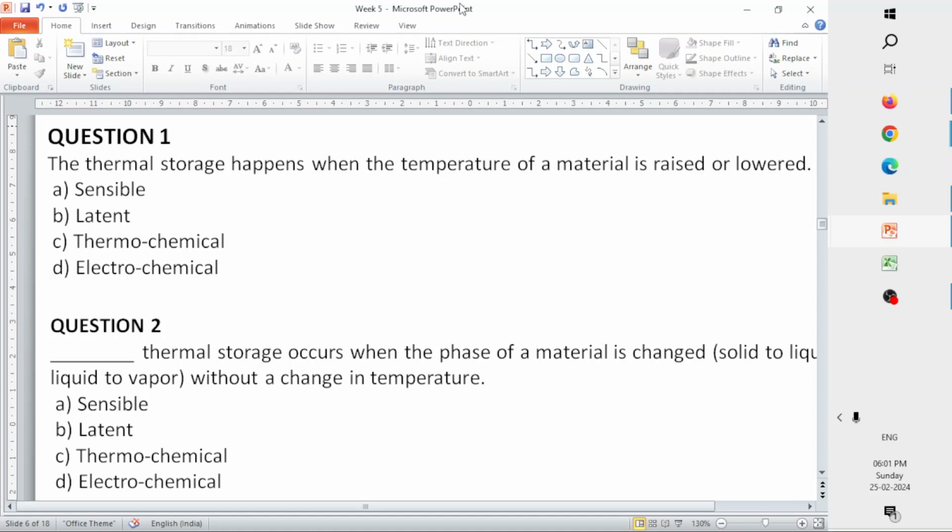Latent heat or latent thermal storage is something we talk about when there is a phase change in the material. When one material is moving from one phase to another, at that particular instant the material releases a heat which is hidden in itself. So that is called latent heat thermal storage.